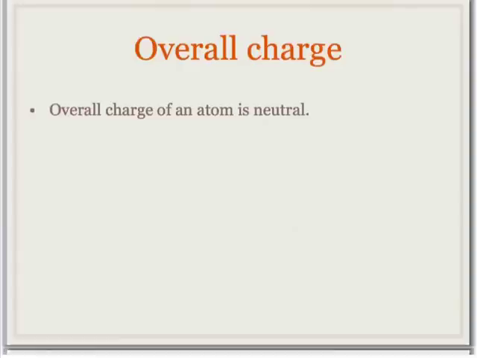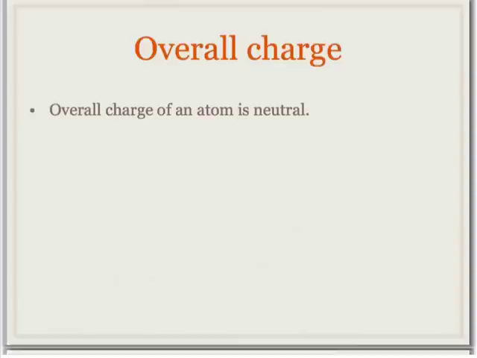Now keep in mind the overall charge of an atom is neutral, and that is because the protons are positive and the electrons are negative. And when you have the same amount of protons and electrons, they're going to cancel each other out.